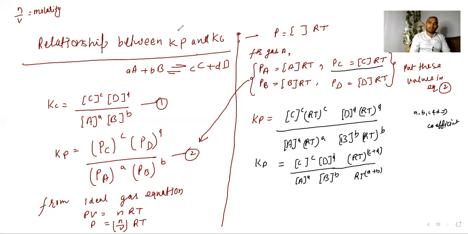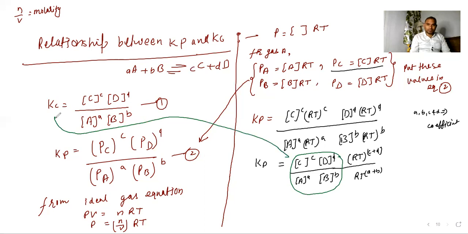You tell me what the term [C] to the power c, [D] to the power d over [A] to the power a, [B] to the power b is equal to. This is just Kc.